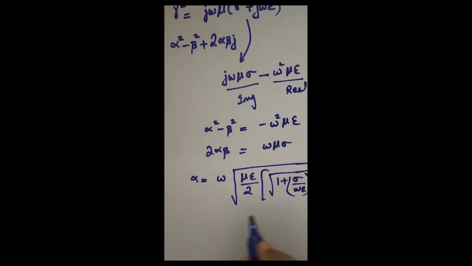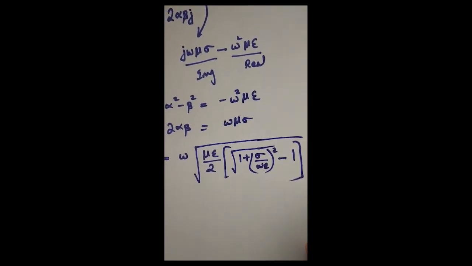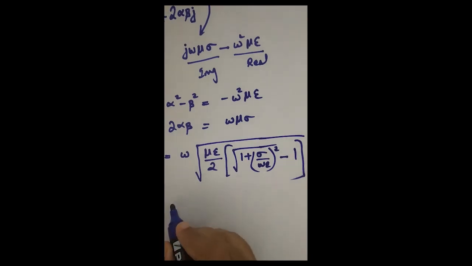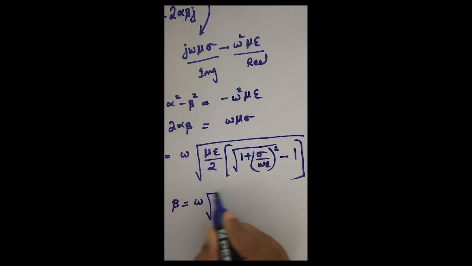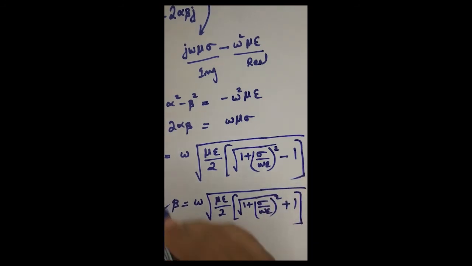So this is the equation for alpha. And for beta: omega square root of mu epsilon by 2 into square root of 1 plus sigma by omega epsilon the whole square, plus 1. So these are the equations for alpha and beta.